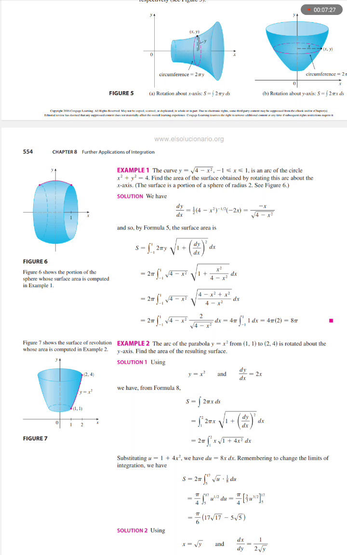dy over dx equals 1/2 open 4 minus x squared close to the power negative 1/2 open negative 2x close equals negative x over the square root of 4 minus x squared.